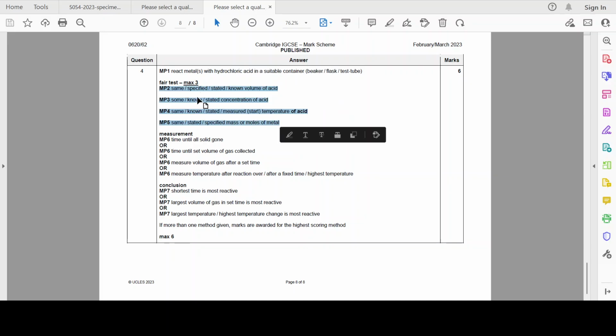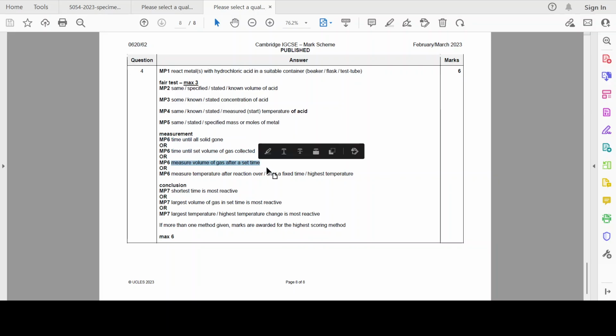So they've given you 4 points. We got 2 marks out of this. We had the same volume and the same mass. Then time until set volume of gas collected, or measure volume of gas after a set time. So we get our third.